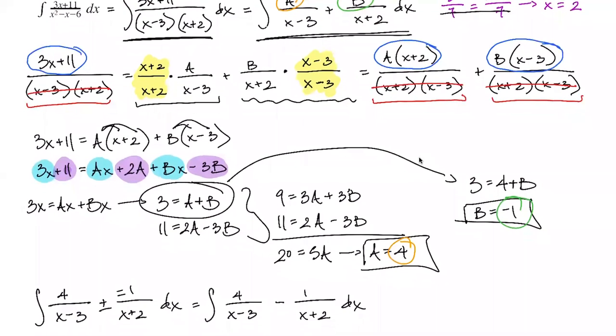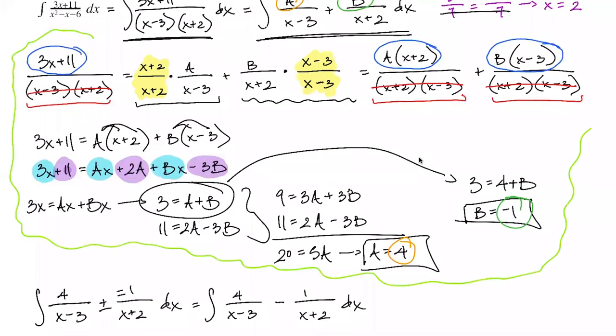So I'm going to pause here for a moment and say that this part right there in the green squiggly, that's what our focus is. That's what we're going to work on today.